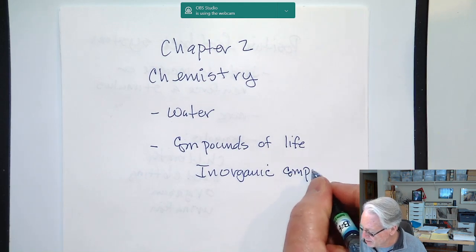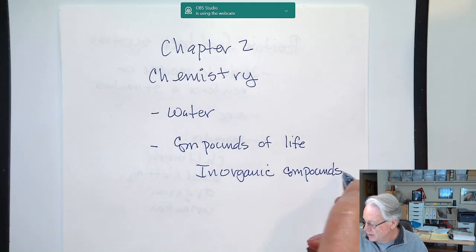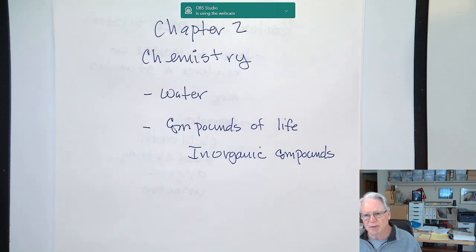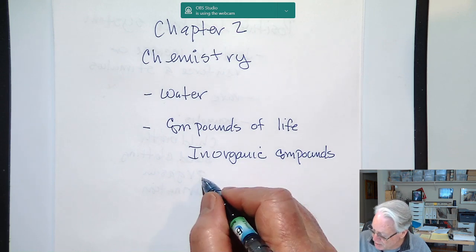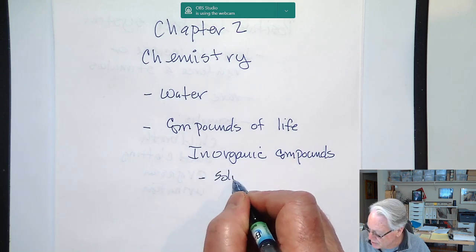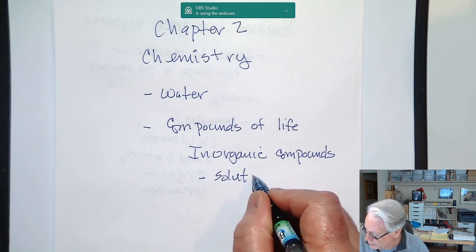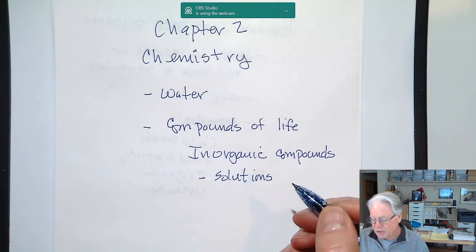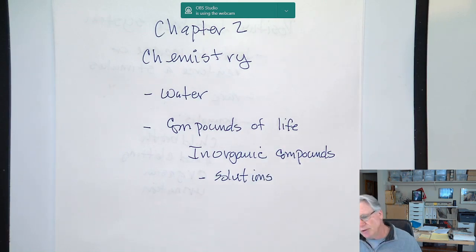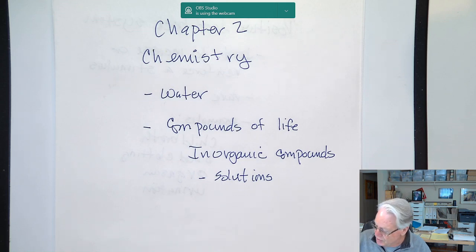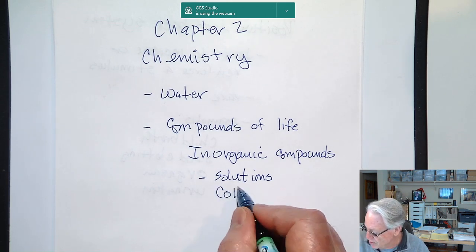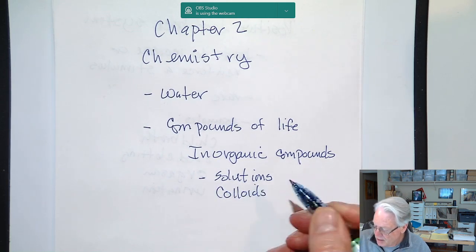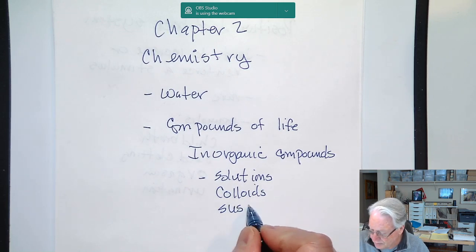We'll talk a little bit about them and their properties. And we'll also at the same time look at the ways in which we can mix a fluid with solid materials: solutions, colloids, and suspensions.